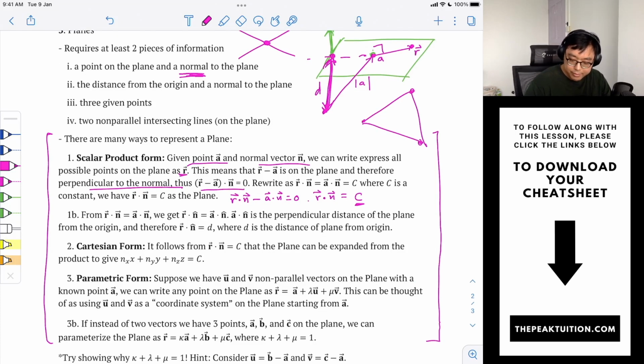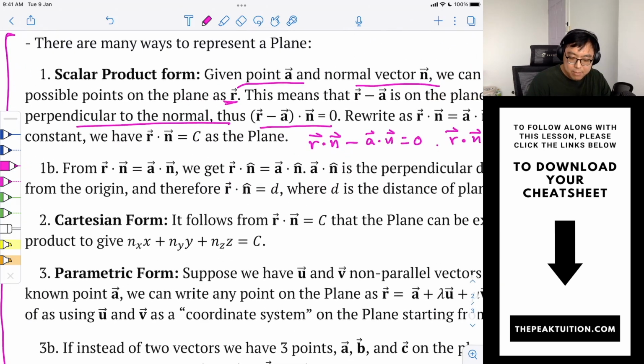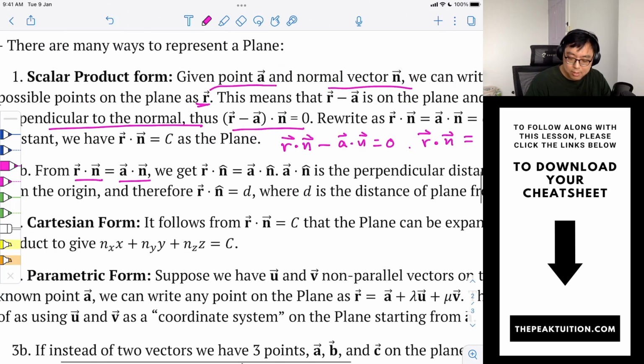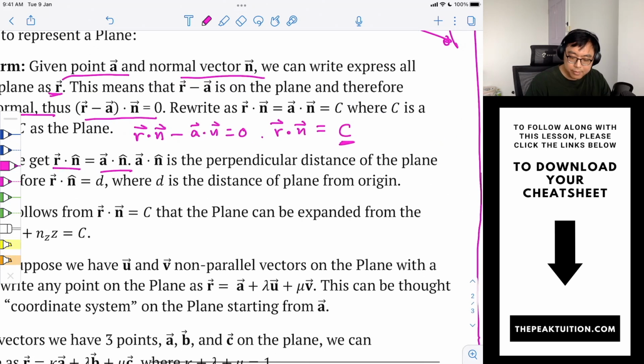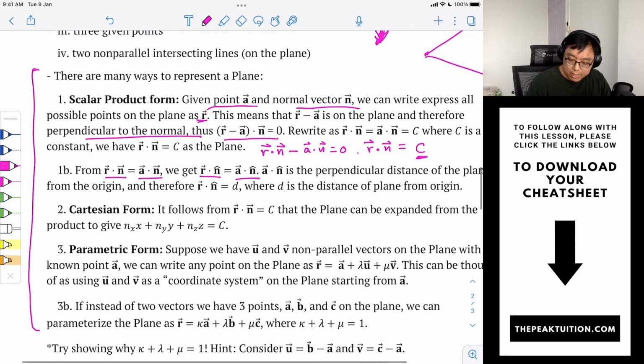Alright, and this is explained in point 1b. From r dot n equals a dot n, we can see that we can replace the n with its unit vector, and this would give us r dot n equals d.